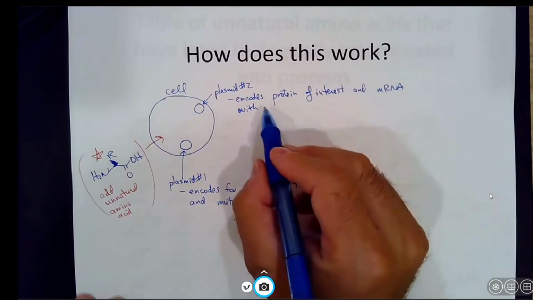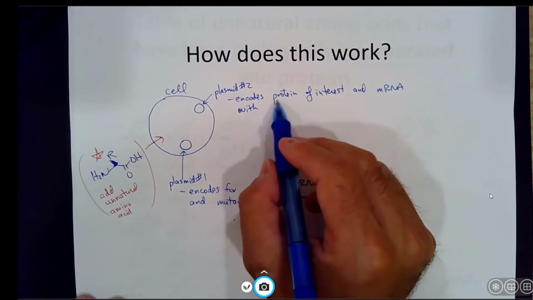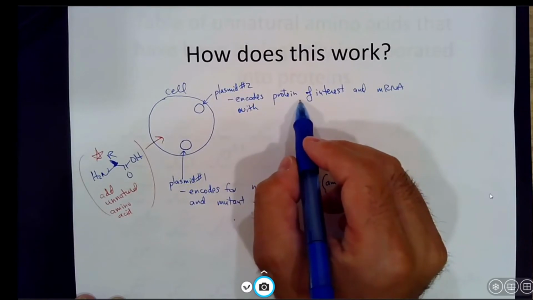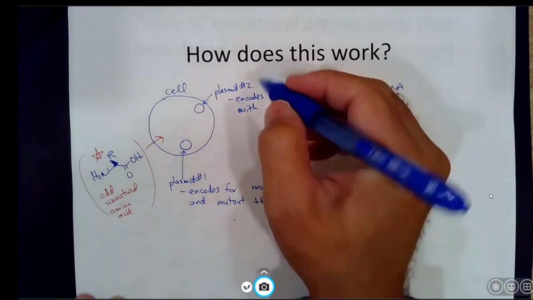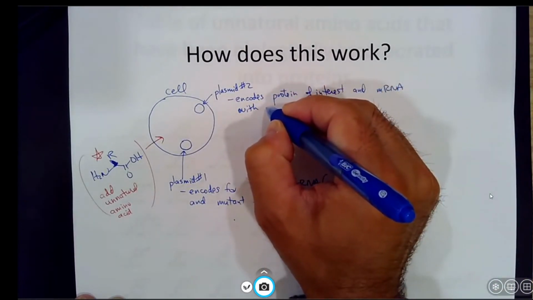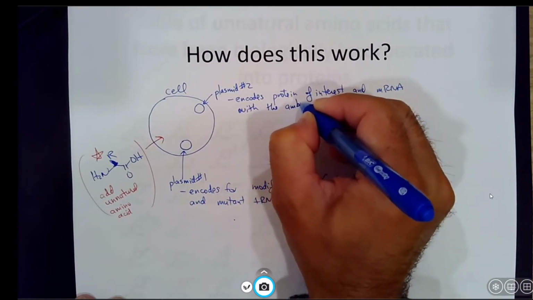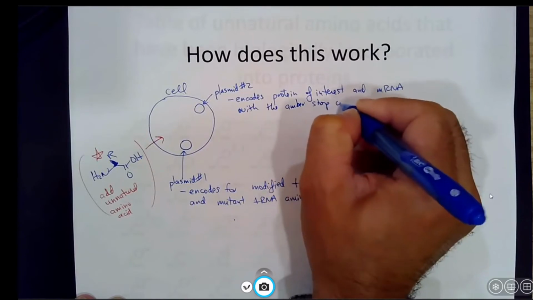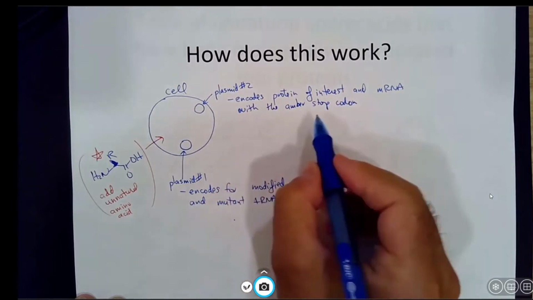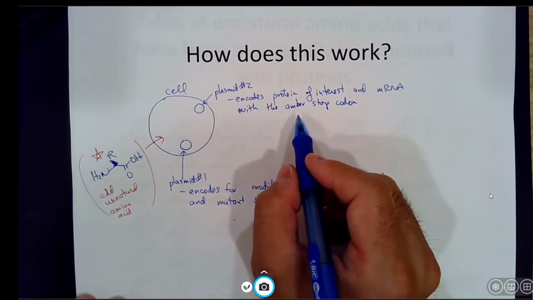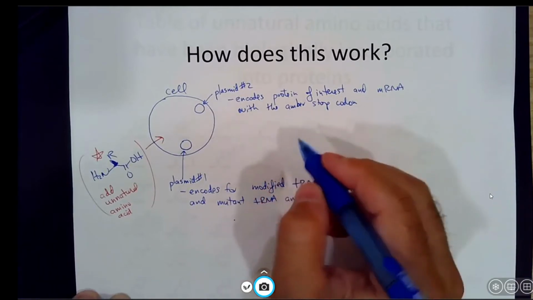Well, it's a DNA plasmid, but it encodes the sequence for the protein of interest, and obviously the mRNA must have the amber stop codon. The amber stop codon is placed at the site of interest for the unnatural amino acid incorporation.